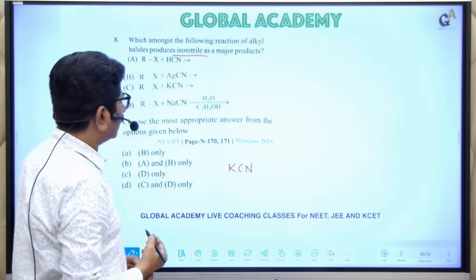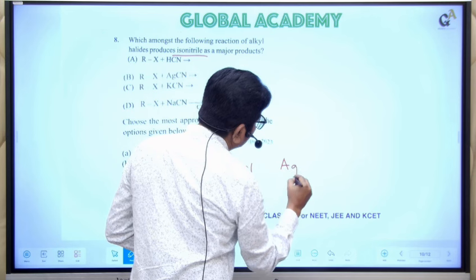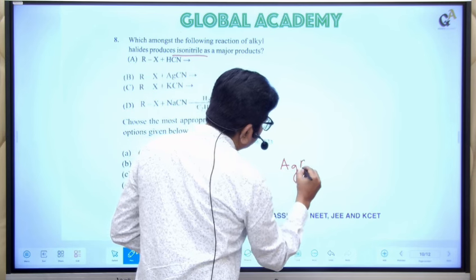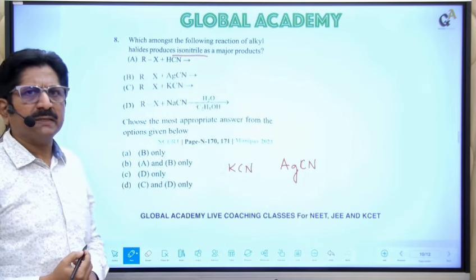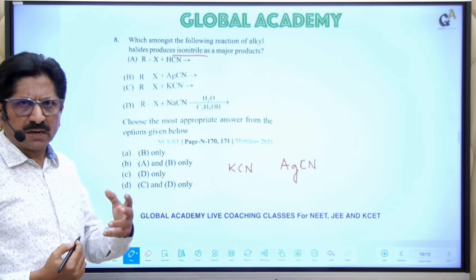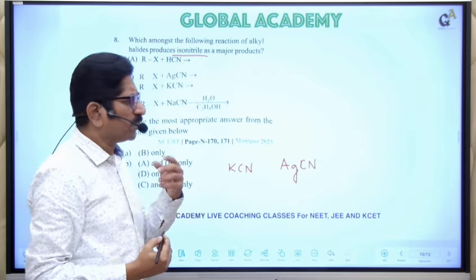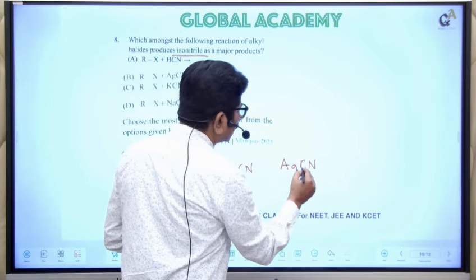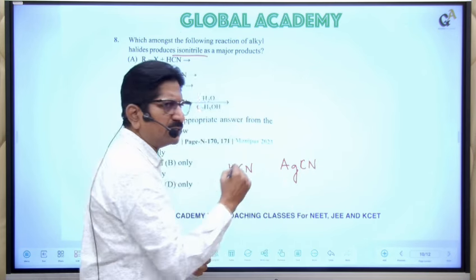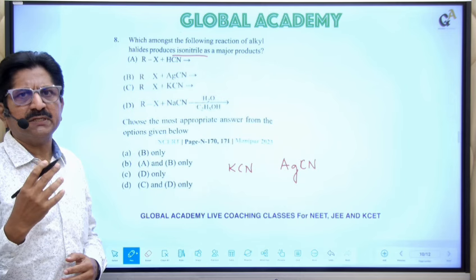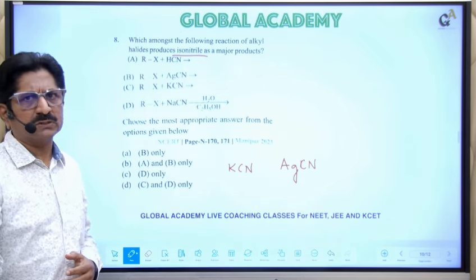On the other hand, if you see the other one, that is silver cyanide. Silver cyanide is a covalent compound, and because of that reason, in this cyanide only the nitrogen has the ability to donate a pair of electrons.